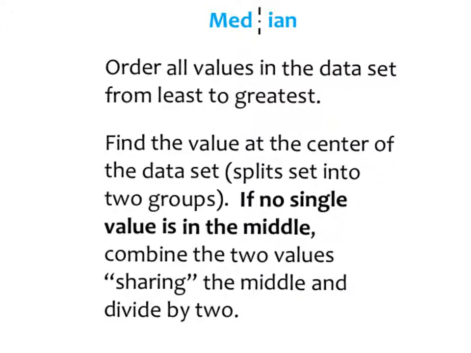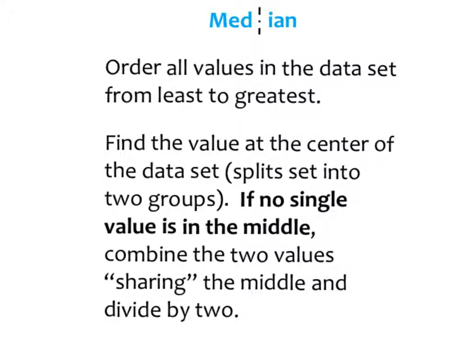So now I've got to take those responses and put them in order from the lowest number to the highest number. I then find the value at the center of the data set. In other words, what value splits the set into 2 equally sized groups? If there's no single number in the middle, then I take the 2 numbers that share the middle, add them together, and divide by 2.